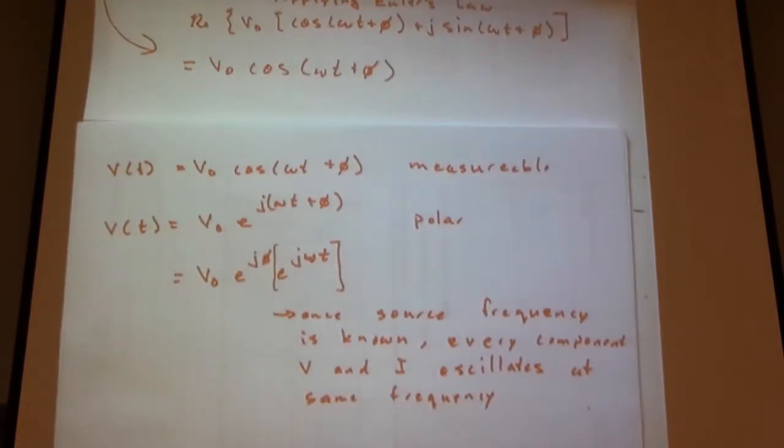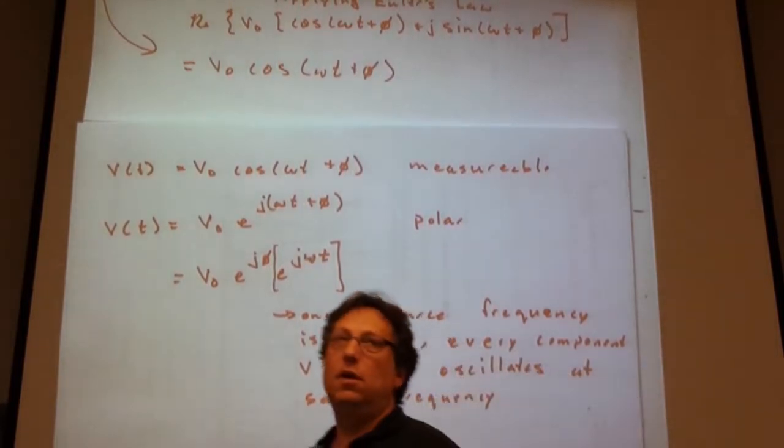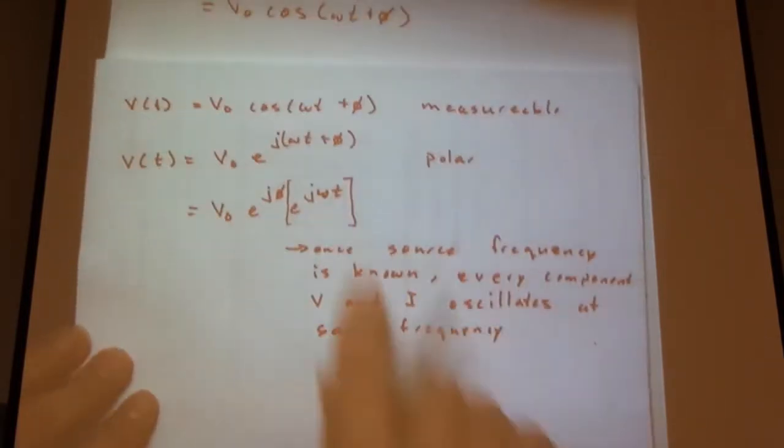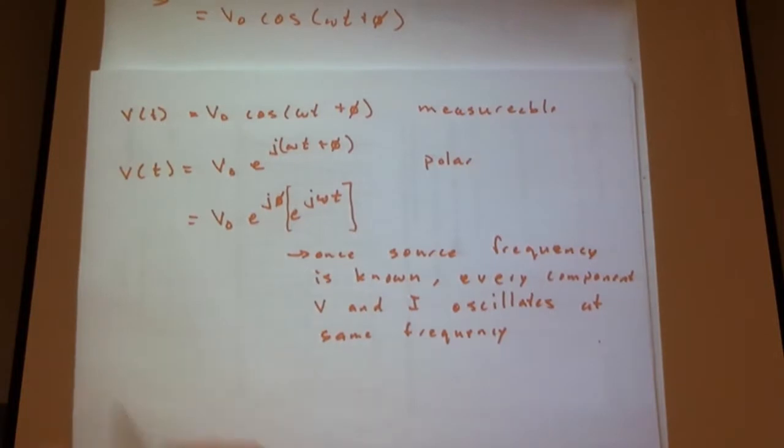As such, we can take advantage of the fact that everything has the same e to the j omega t term. So once we start looking at circuits, everything has this e to the j omega t term, and we can now consider this implied. And so we have a third way of writing things.